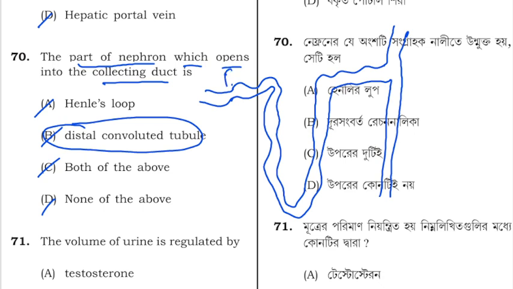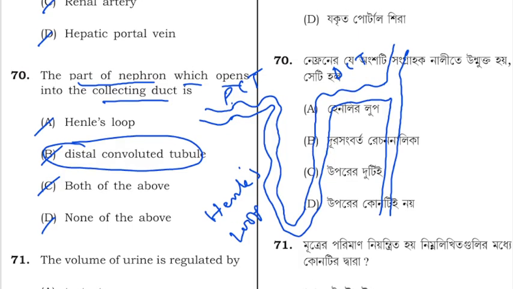So this is a proximal convoluted tubule, this is Henle's loop, this one is DCT, and this is collecting duct. So now we can see that DCT is connected to the collecting duct. So the answer is distal convoluted tubule.